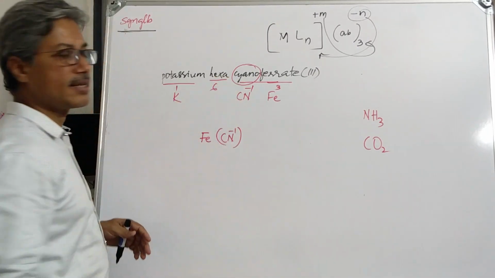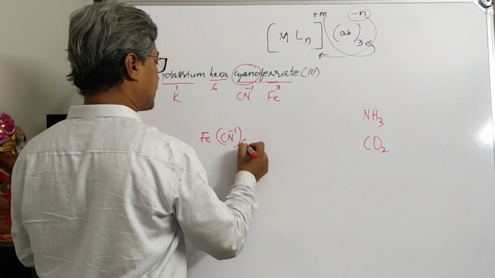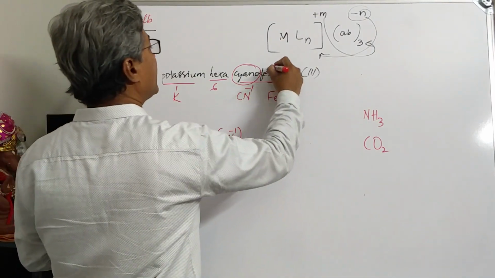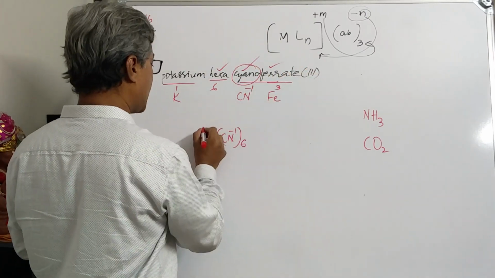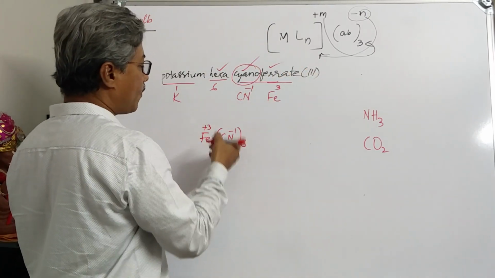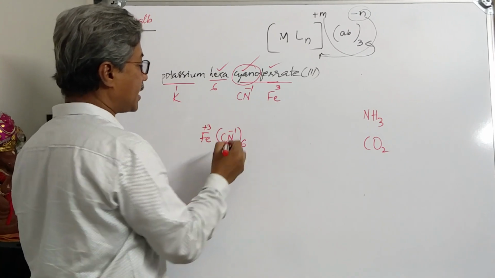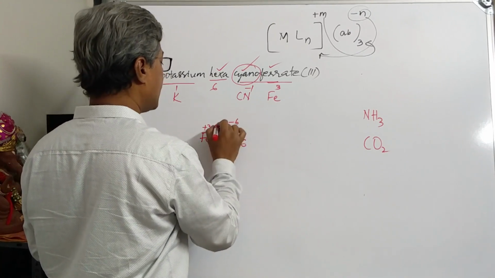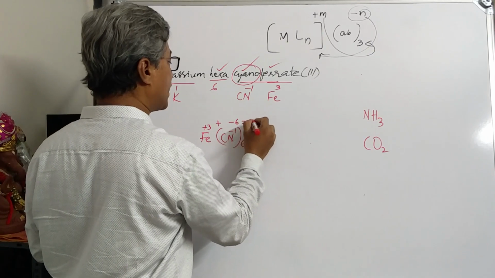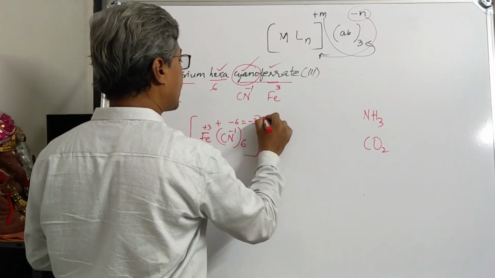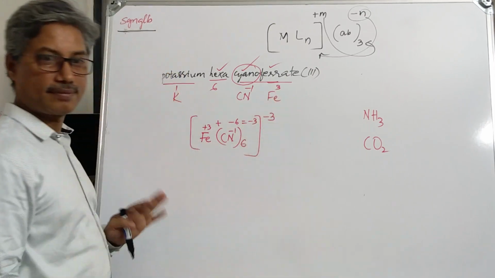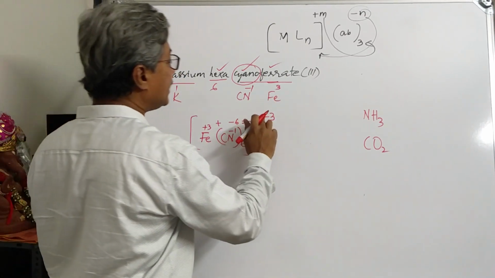This indicates 6 times. So Fe is written, cyano is written, hexa is written, plus 3. It is plus 3. What is the total charge on these ligands? This is minus 6. The sum of these two is minus 3. That should be the charge on the coordination polyhedra, which is minus 3. Clear?